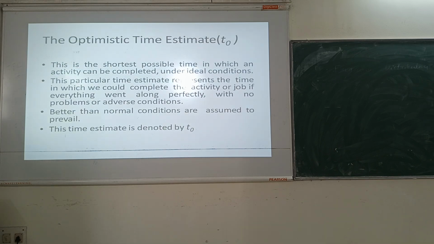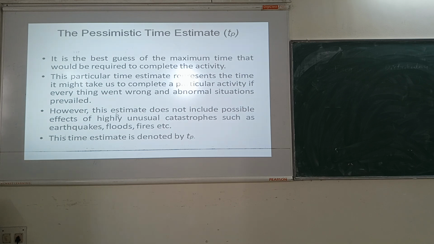The optimistic time is denoted by O, and we would take the least time that we complete in normal conditions. The pessimistic time is when something goes wrong and the project takes more time, but not considering catastrophes, just some unusual thing like a breakdown. Considering that, the maximum time it will take to complete is your pessimistic time.